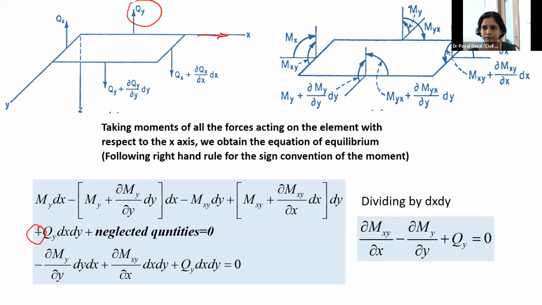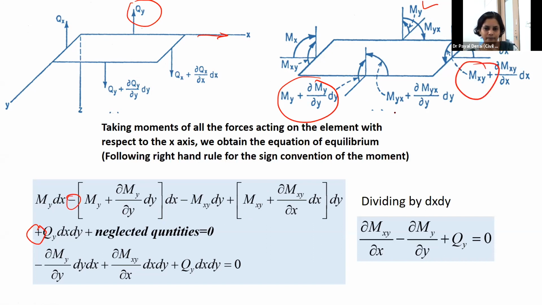So here my will surely produce the moment about the y-axis and the variation of it, and according to positive, negative, I can write. One is giving you the right hand side thumb, and the other one is giving you the left hand side thumb. So you may see the negative sign here. This component produces the negative sign, and here you may see the twisting moment in the x direction. Which twisting moment is producing the moment about the x-axis?